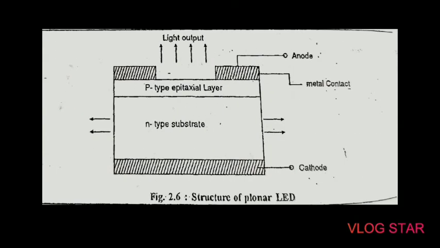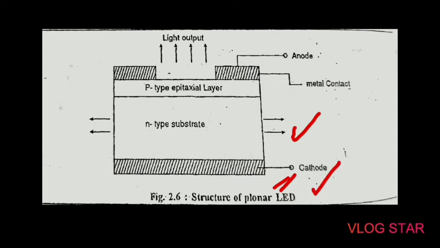Next we are going to see the structure of the planar LED. It has the simplest structure. In this, p-type diffusion is grown over the whole surface of a gallium arsenide substrate, and this is done by either a liquid or vapor phase epitaxial process, so that a junction is created, which can be shown in this figure 2.6.